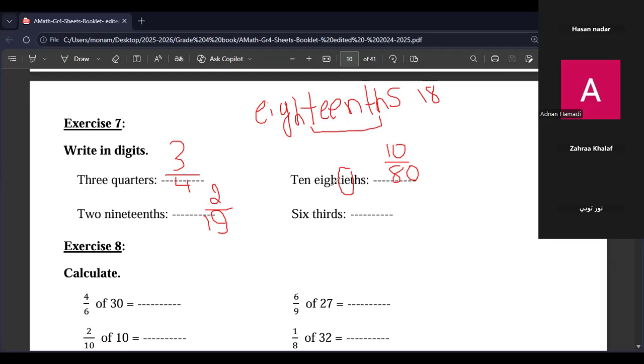But here in this example, we have I, E. So the 80 is a Y. Here we have IY, then THS. So it means 80. But if you have 18ths, we put 18.